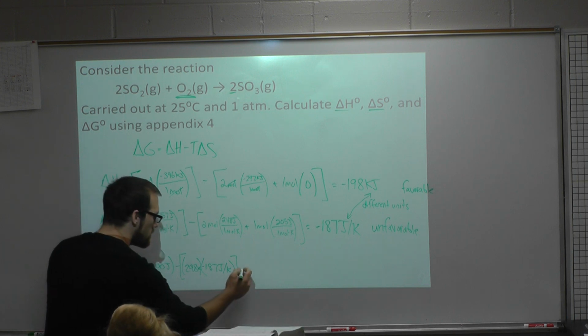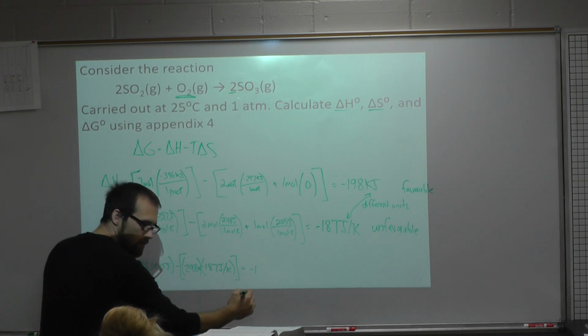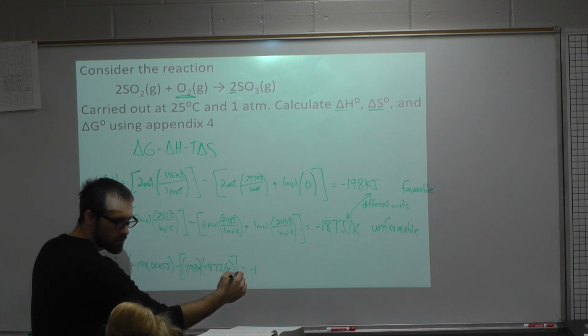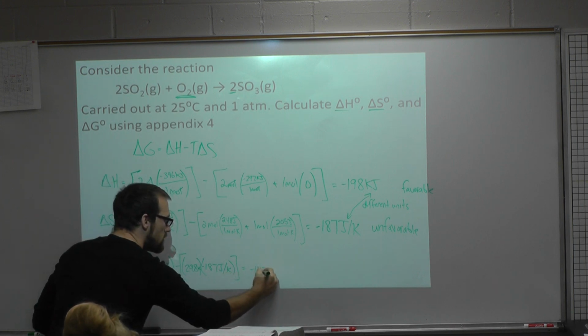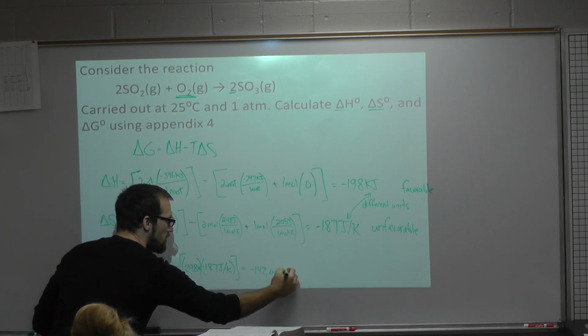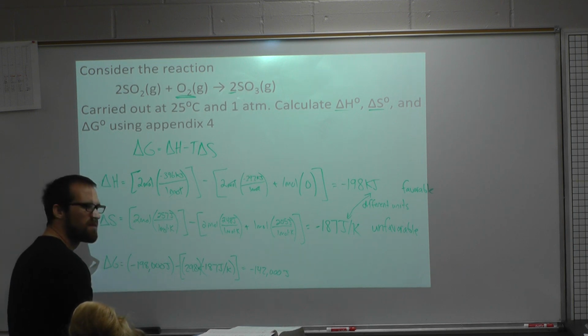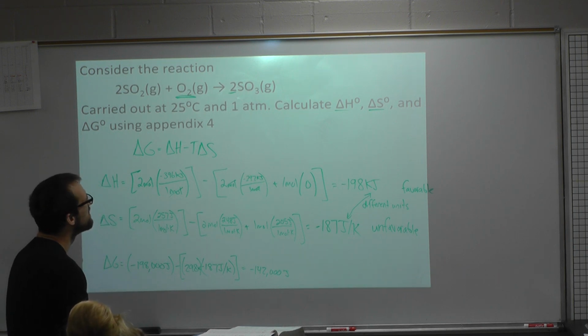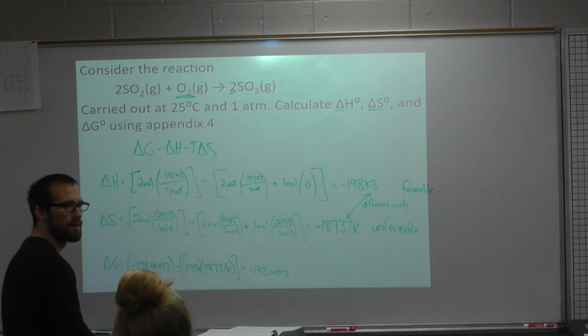Negative 14,000. 142,000. Say it again. 140,000? Yeah, basically. I have the answer in kilojoules. Since all these are 3 sig figs, we'll just go with that.